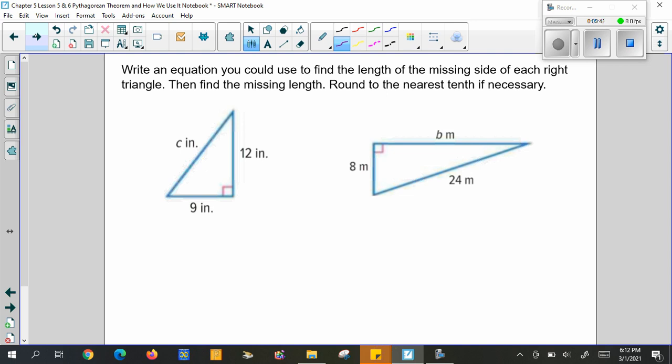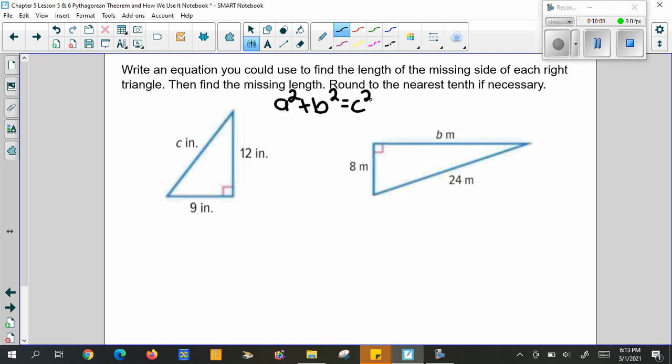Then find the missing length, round to the nearest tenth if necessary. I see 2 right triangles, so that means I must use the Pythagorean theorem to find the missing side length.